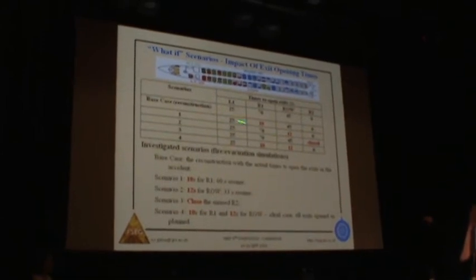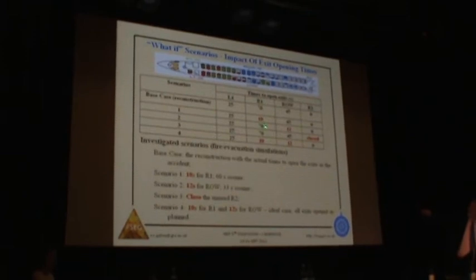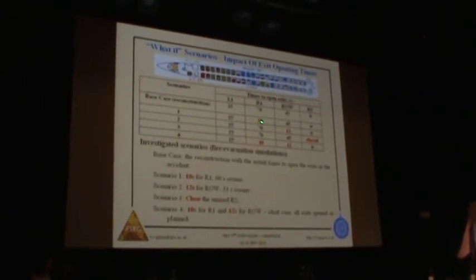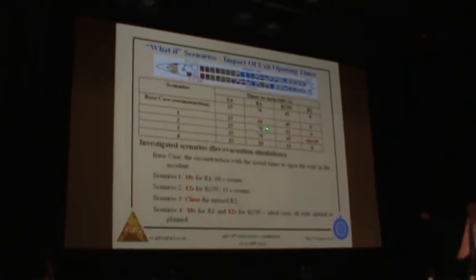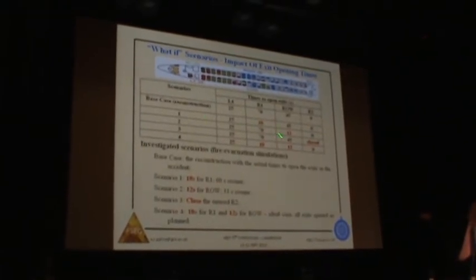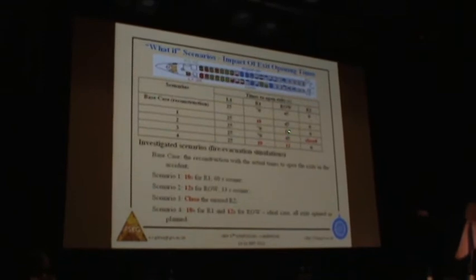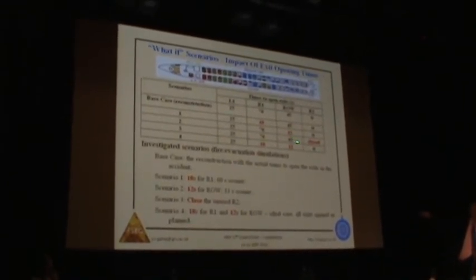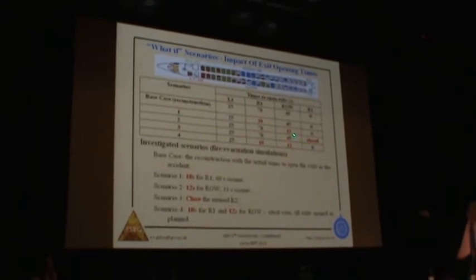In the 4 what-if scenarios, we're looking at 4 different cases. We open the R1 exit in 10 seconds, the required amount of time. What difference will that make to the outcome of the fire and the evacuation? In scenario 2, the over-wing exit, we're opening in 12 seconds instead of 45, the certification required exit opening time.